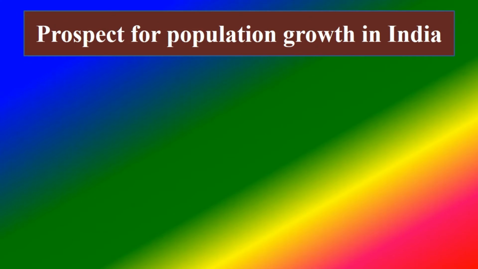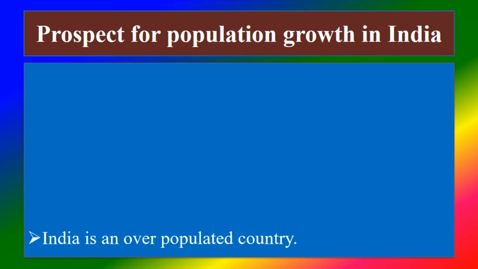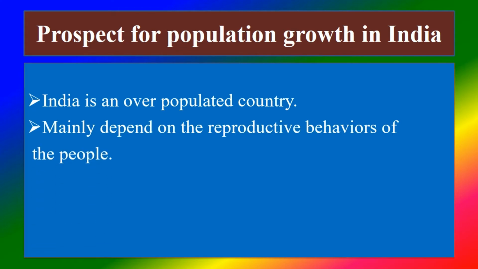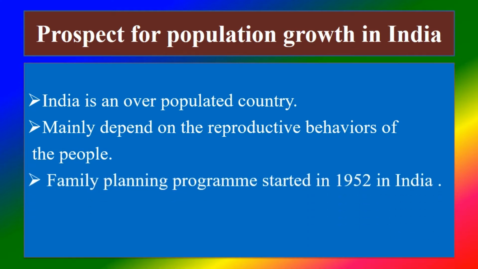Prospects for population growth in India. India is an overpopulated country, which mainly depends on the reproductive behaviors of the people. The family planning program started in 1952 in India.